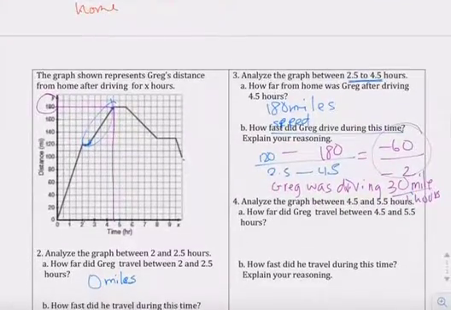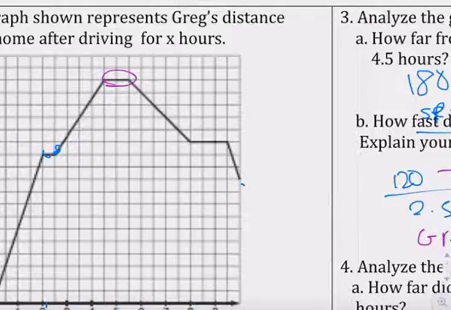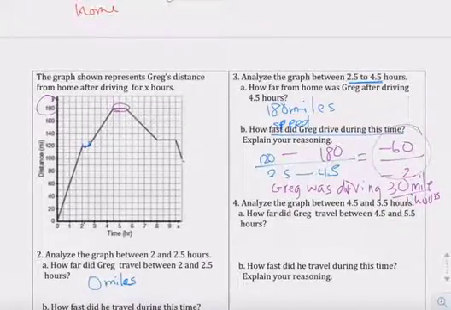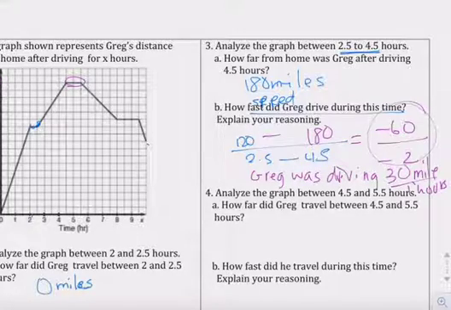4.5 to 5.5. That's this little graph right here. Analyze that graph. How far did he travel? 0 miles.